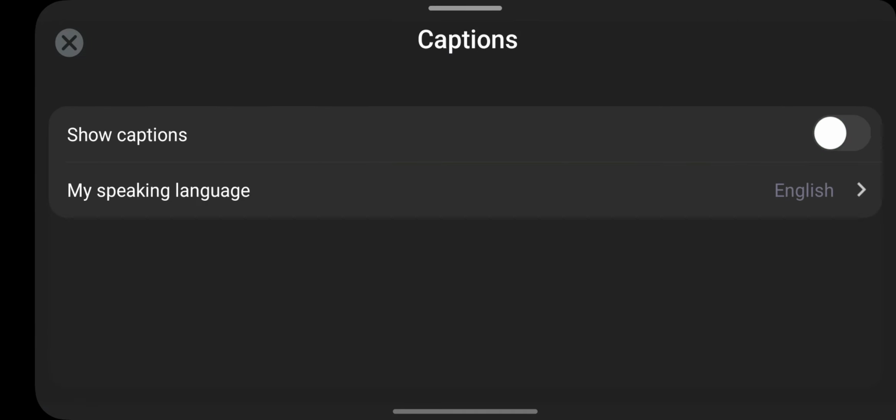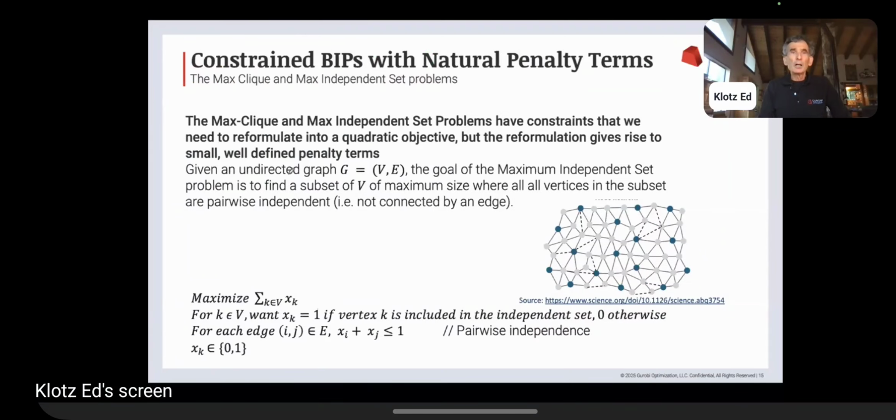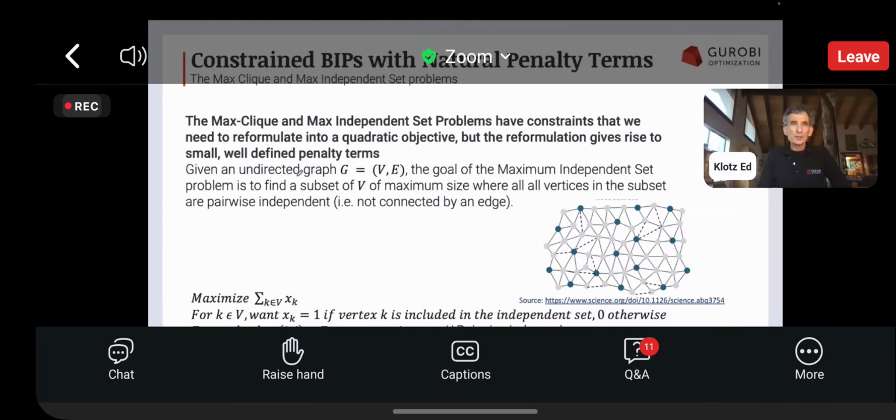Let's move on to the second category, which is constrained problems with natural penalty terms. So we have this undirected graph, again, with a set of nodes and edges. And the goal of the maximum independent set is to find a subset of the vertices where all vertices in the subset are pairwise independent.